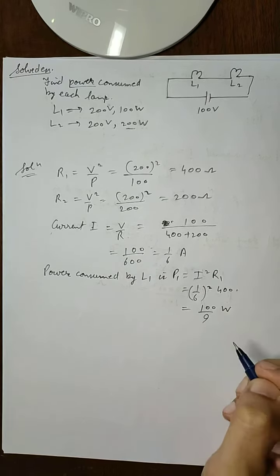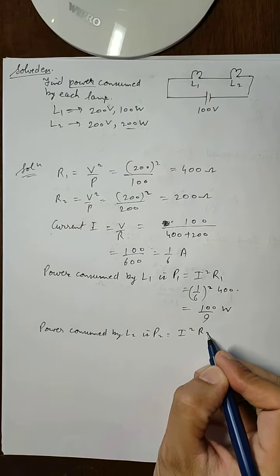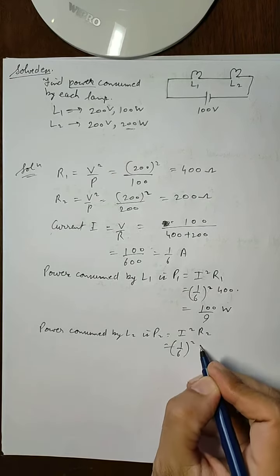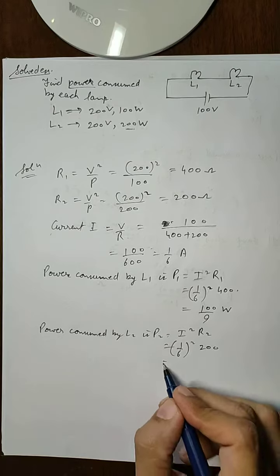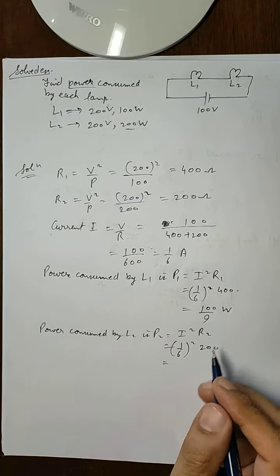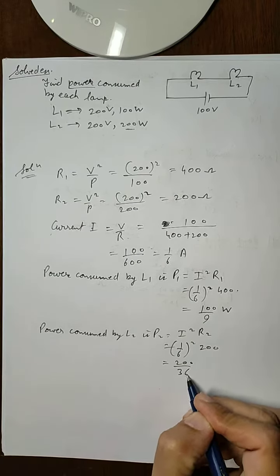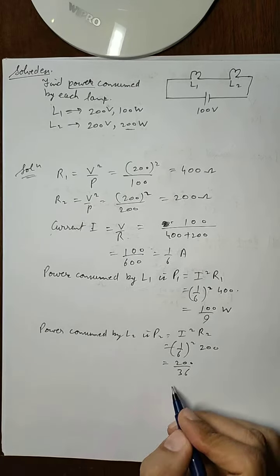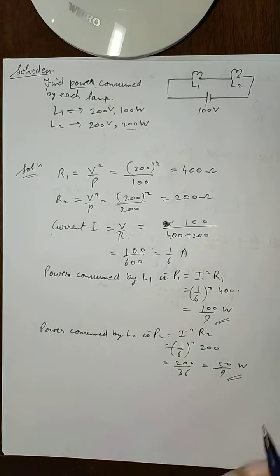Similarly, power consumed by L2 will be equal to I square R2. So this will be 200 upon 36, which will be equal to 50 by 9 watts. So these will be the two answers of this question.